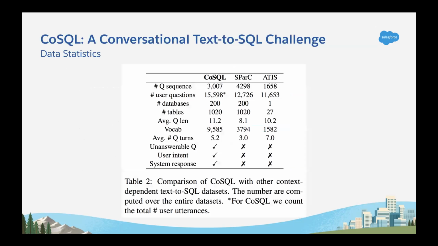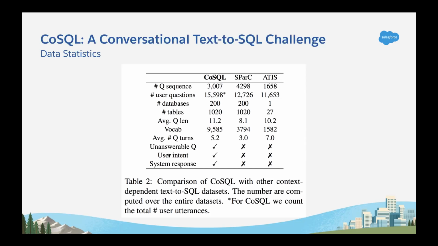Yeah, and this is the data statistics of this Costco data. Comparing with other data, the Costco, because it's collected using this dialog way, has some properties other datasets don't have. One is the existence of unanswerable questions, and second, they have user intent.